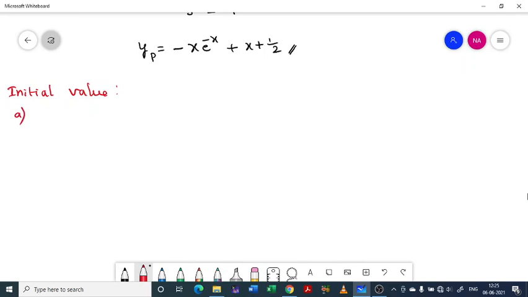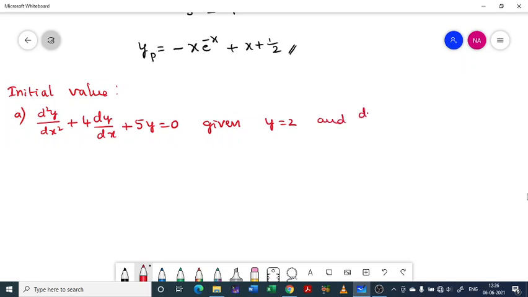First problem I am going to consider is d square y by dx square plus 4 into dy by dx plus 5y equal to 0, given that y equal to 2 and dy by dx equal to d square y by dx square when x equal to 0.